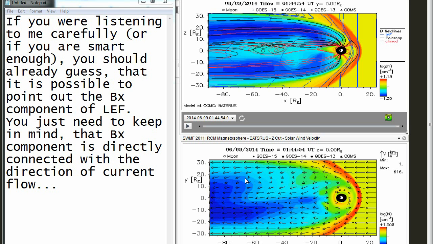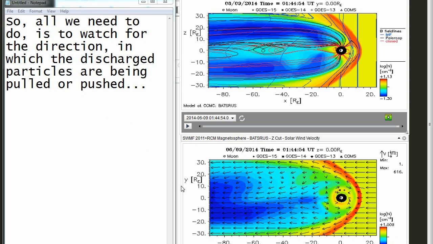If you were listening to me carefully, or if you are smart enough, you should already guess that it is possible to point out the Bx component of the low energy field. You just need to keep in mind that the Bx component is directly connected with the direction of current flow. So all we need to do is to watch for the direction in which the discharge particles are being pulled or pushed. I'll make it easy for you.